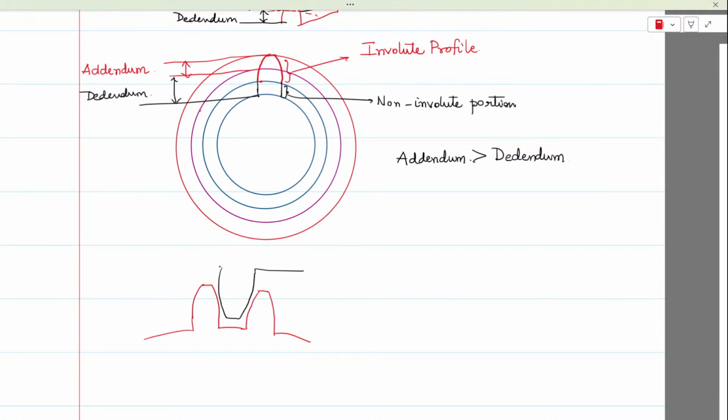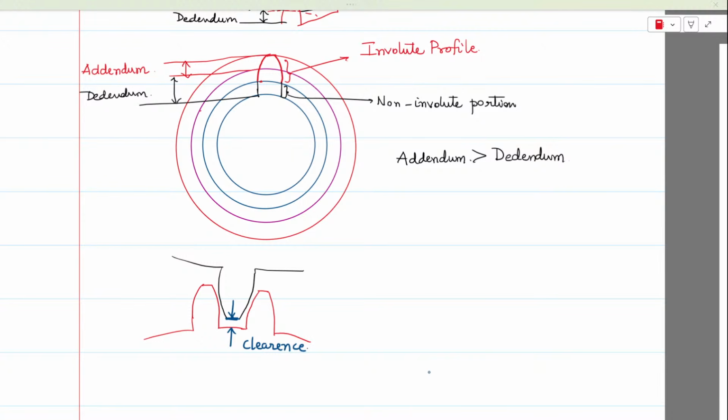Okay, so I am taking only single teeth from the other gear. The gap between the tip of the teeth and the root is called clearance.